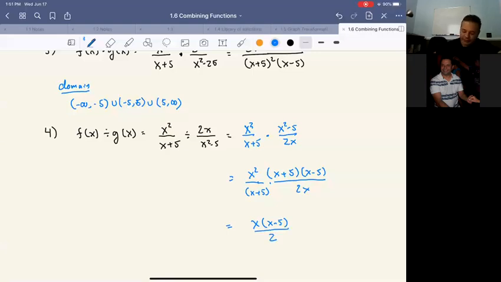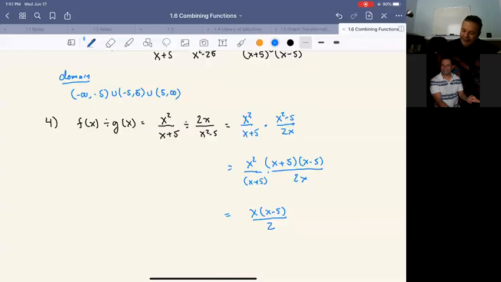So far it looks okay, but now the domain. The domain is where we have to keep our wits about us. We had to look at the domain of the original expressions. So both 5 and negative 5 have to be thrown out.